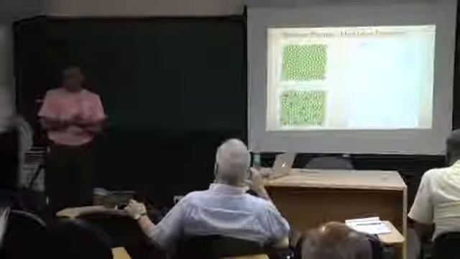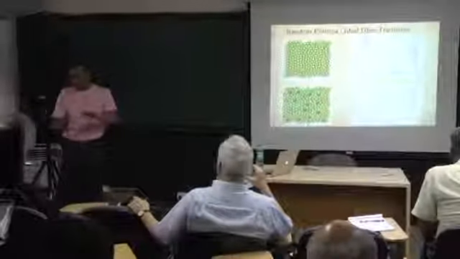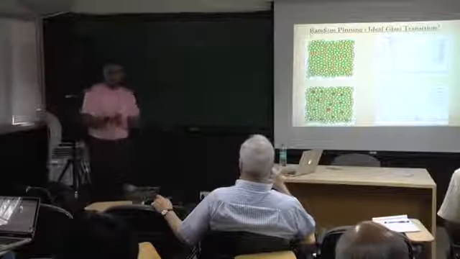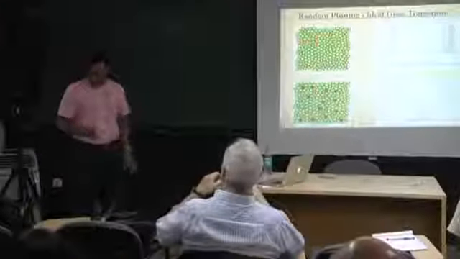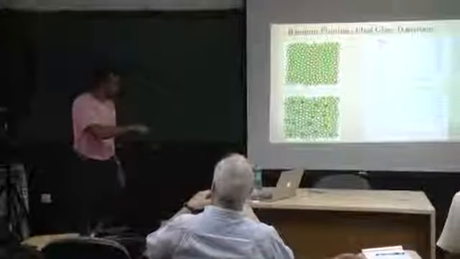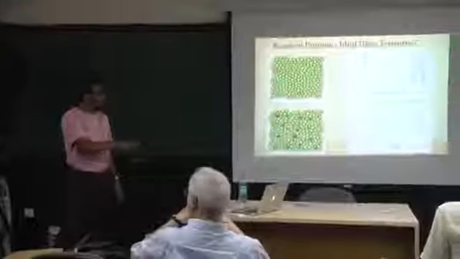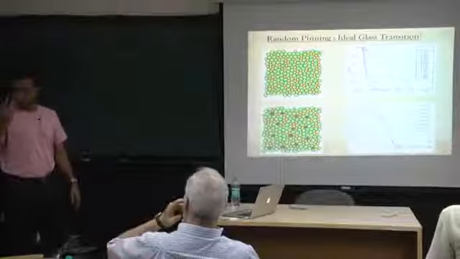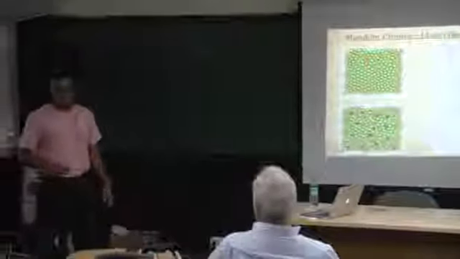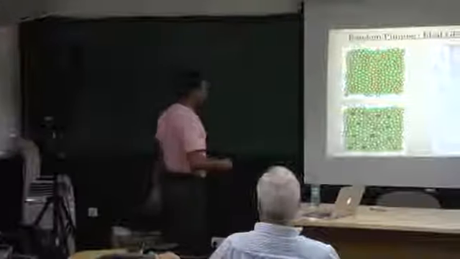So in addition to thermal averaging, you also have quenched disorder averaging. That is equivalent to saying we are choosing different pin configurations and averaging over those. So you have to do two types of averaging to get reliable data.